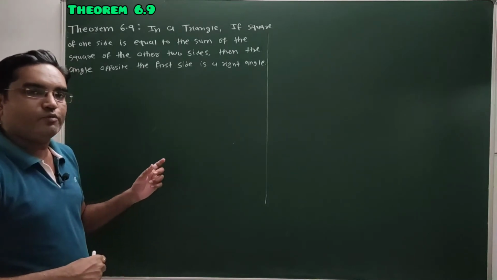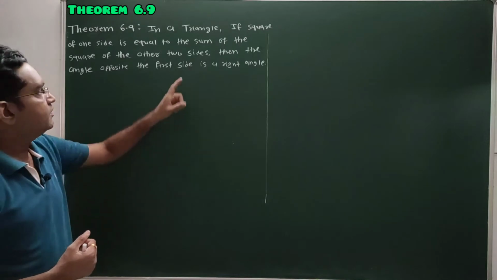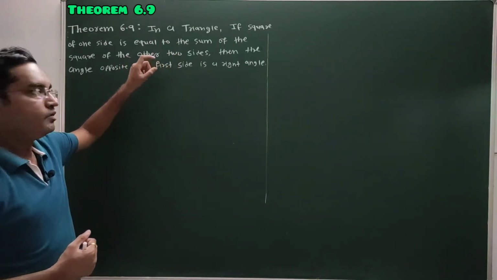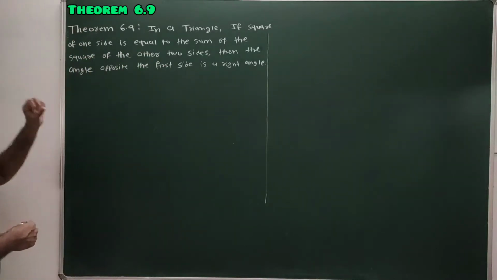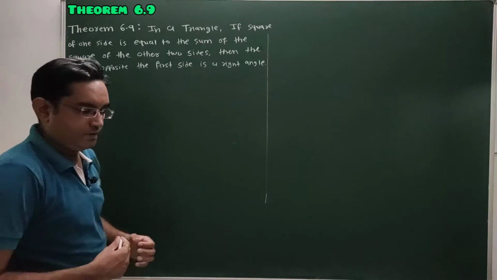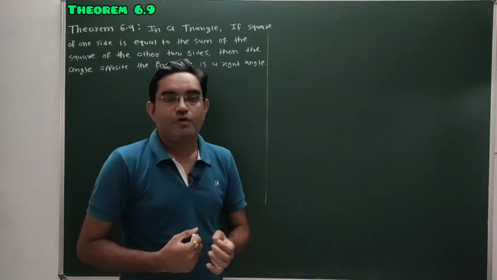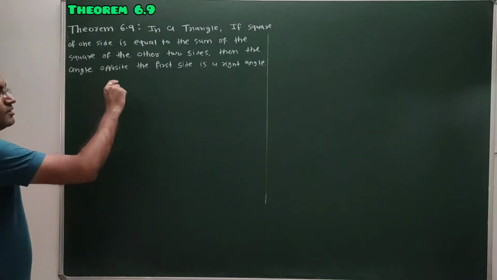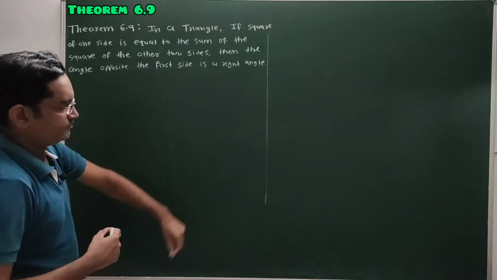That means you have to prove that the given triangle is a right angle triangle if the sum of the squares of two sides is equal to the square of the third side. So this is the converse of Pythagoras theorem. In the exam it may be asked, state and prove the converse of Pythagoras theorem. In that case you have to write this statement and prove the theorem.